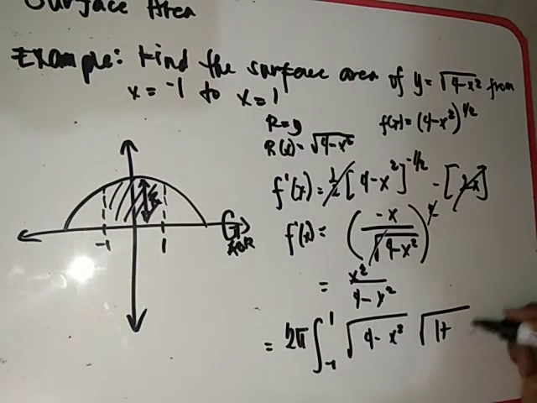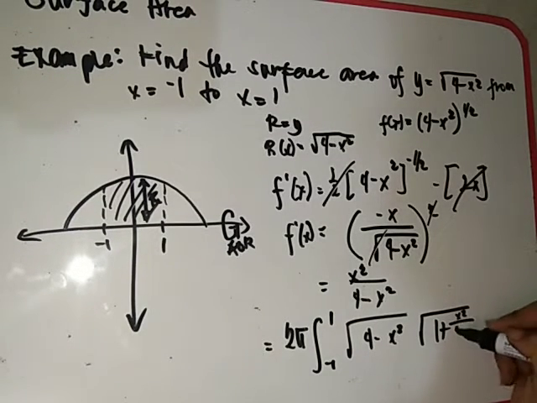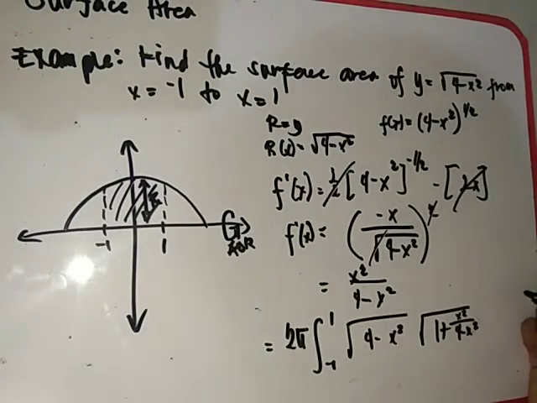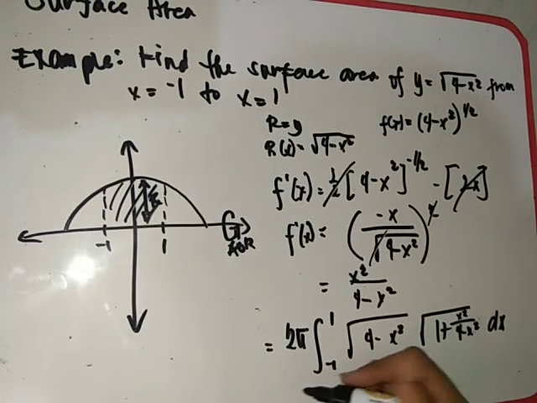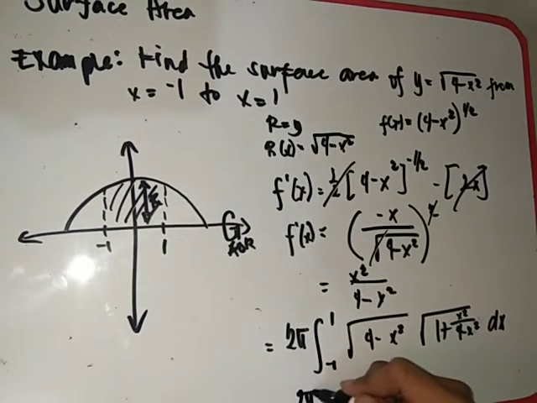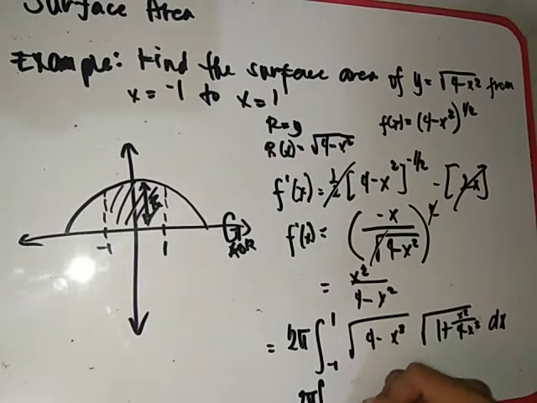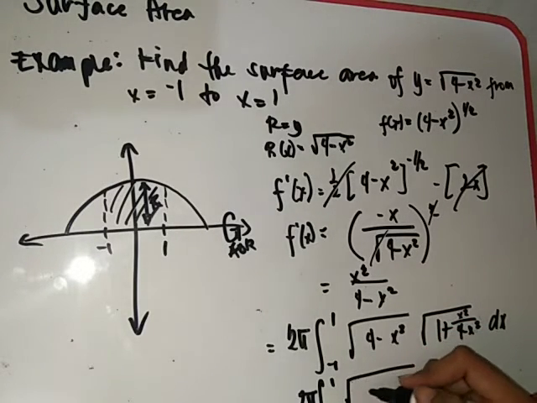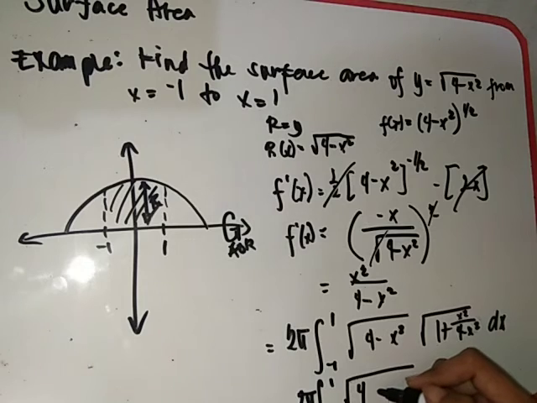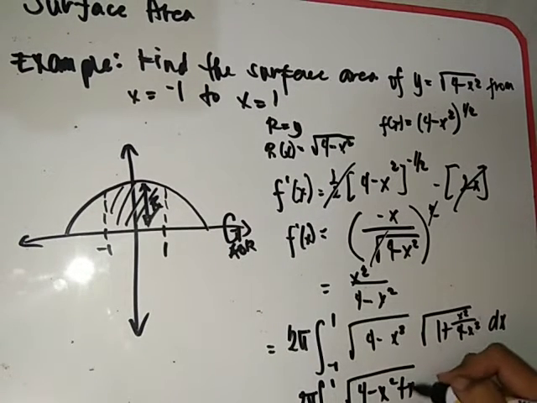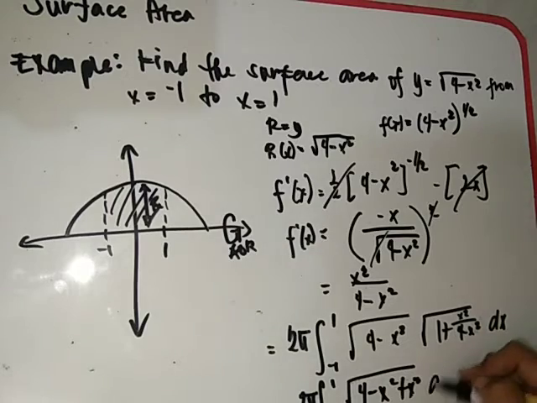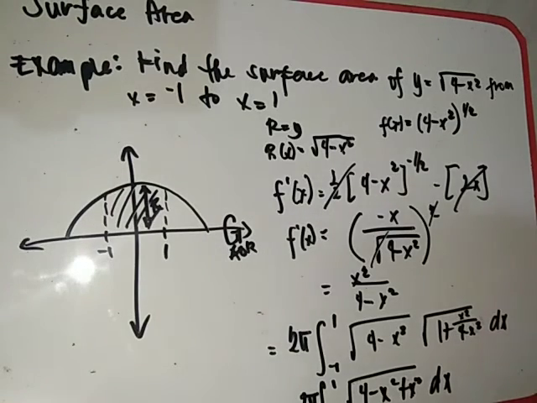X squared over 4 minus x squared dx. So we have 2 pi integration of negative 1 to 1 square root of 4 minus x squared plus x squared dx. So let's continue it here.